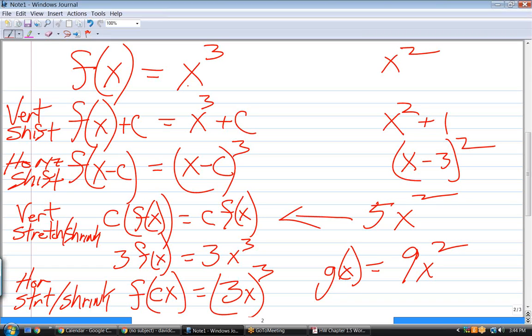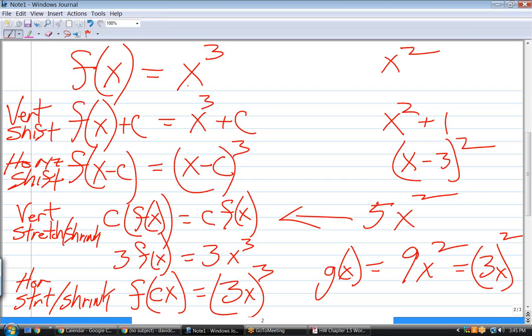You could say two things. You could say I have a vertical stretch by a factor of 9, correct? Yes. Or I could write that as quantity 3x squared. Now I have a horizontal shrink by a factor of 3.